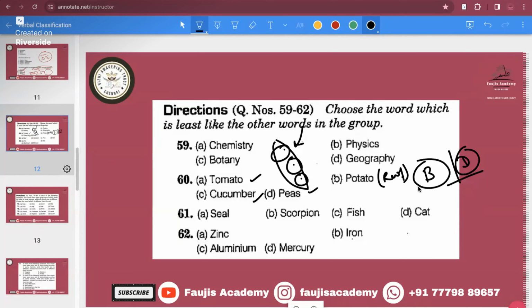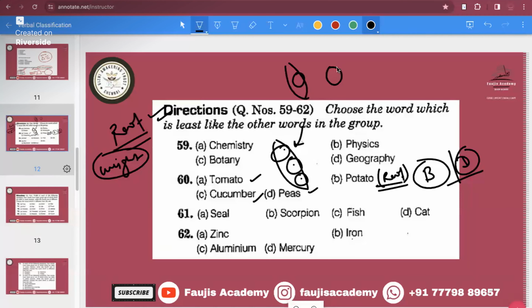So this logic of potato being the root holds more weight than peas, not being like this or simply like this in a tree. So the virtue of potato being root holds much more weight than the individual peas.